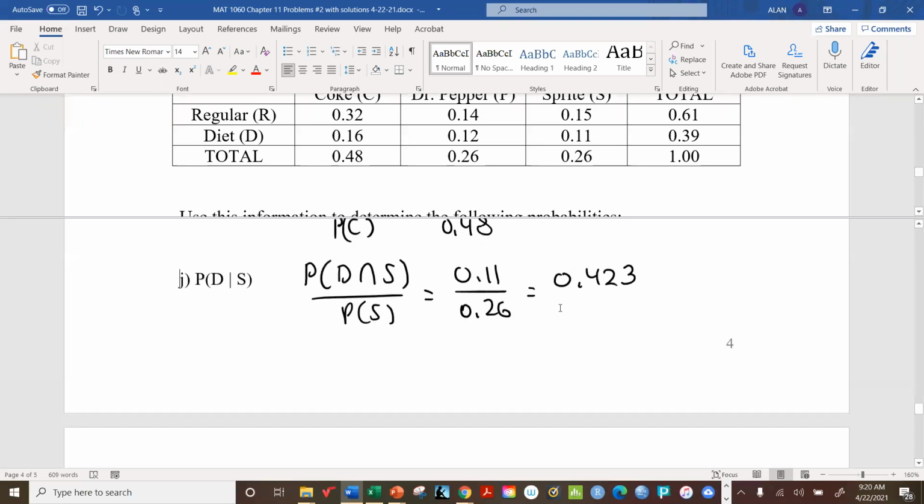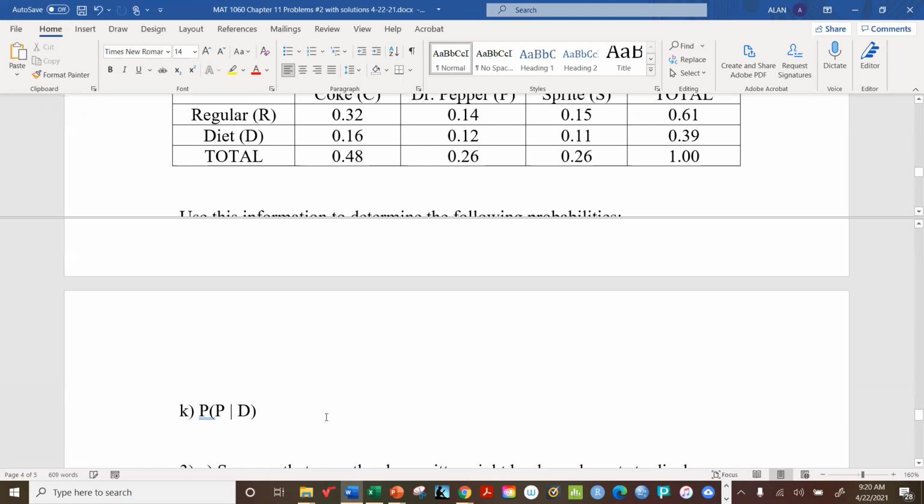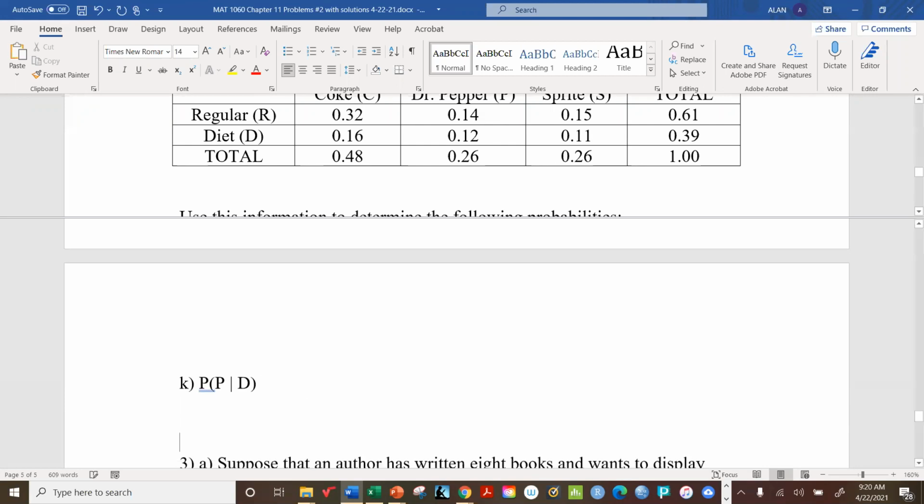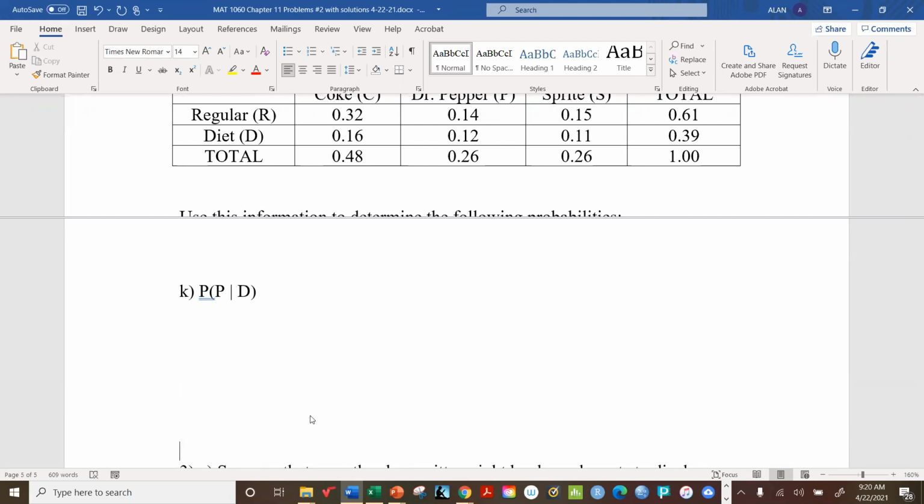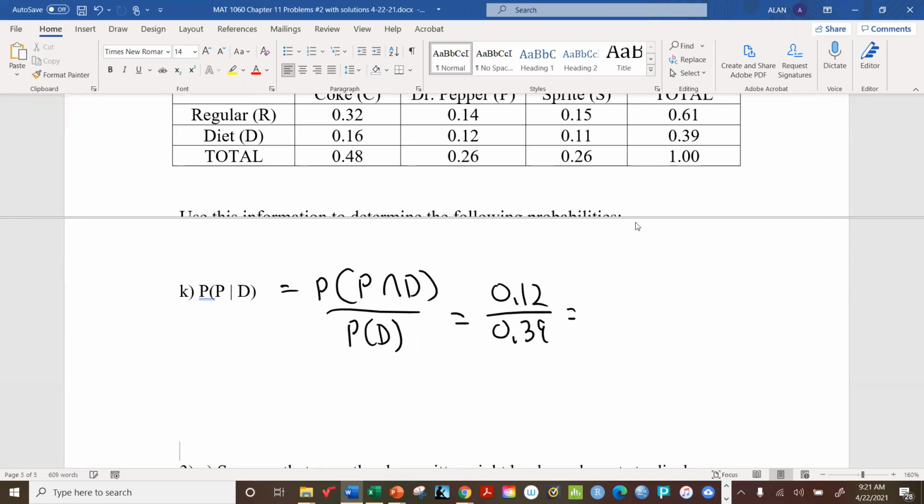Okay, and then finally, P and D. P given D. So P and D over here, that means Diet Dr. Pepper is 0.12. And then the total of all the diet flavors over here on the right is 0.39. And that worked out to be approximately 0.308.